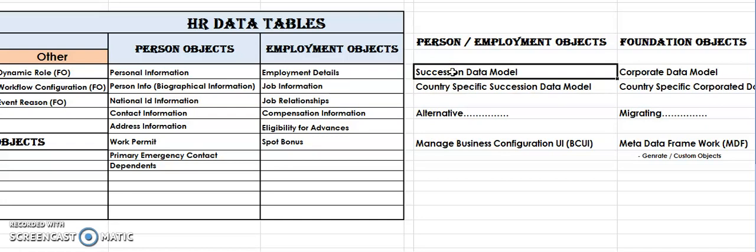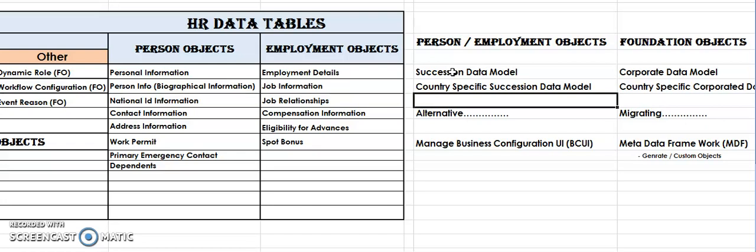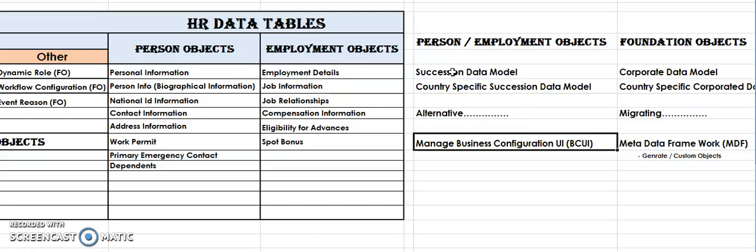During the initial stages, we were configuring with both the succession data model and the country specific succession data model. But gradually, as time passed, SuccessFactors provided an alternative to configure these objects with the BCUI application, that is, Manage Business Configuration UI.